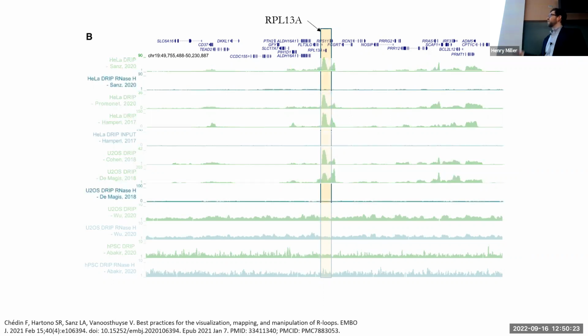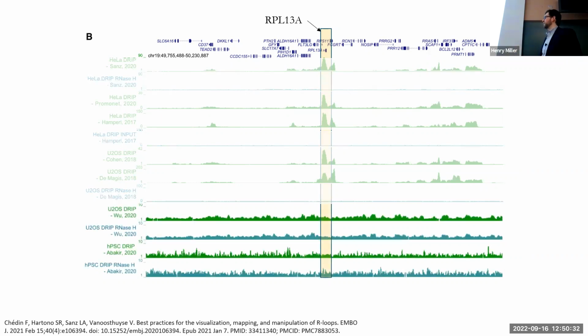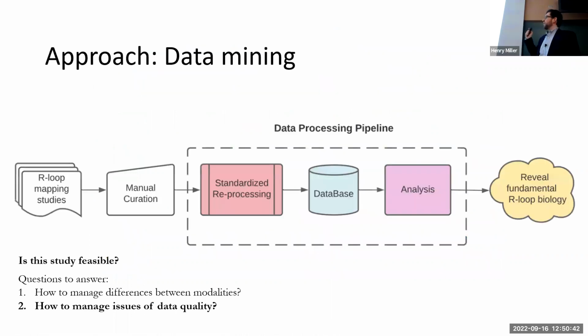Here are the negative controls for those samples, so we don't expect any R loop mapping in these negative controls. And yet again, we see another two samples from two different studies where the positive sample did not map the R loop. And not only that, but it does not look very different from the negative control. And so that just really reinforces the idea that for this approach to be successful, it's going to need an extra step, and that step was going to have to be quality control.